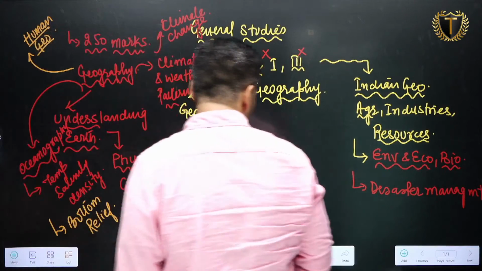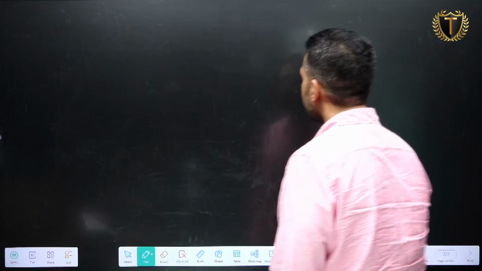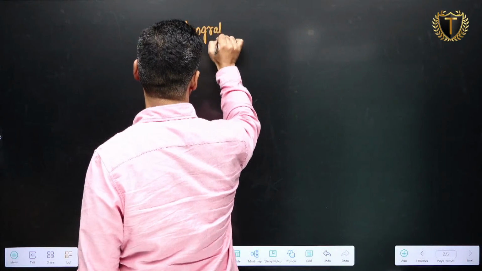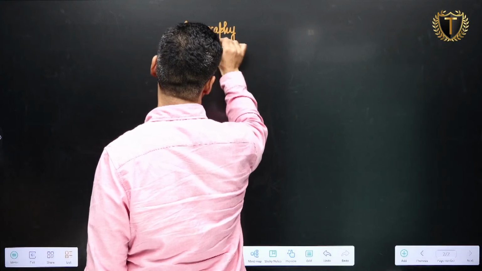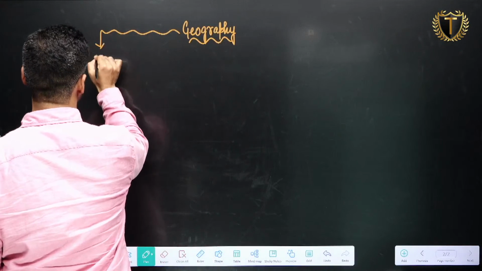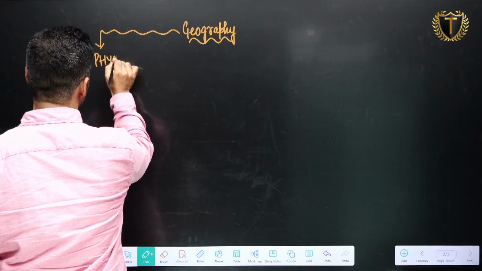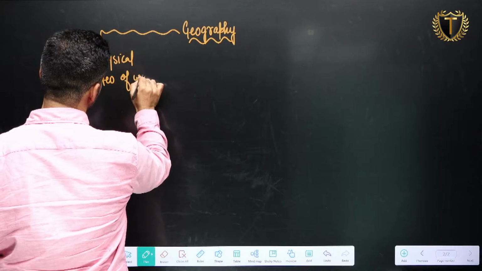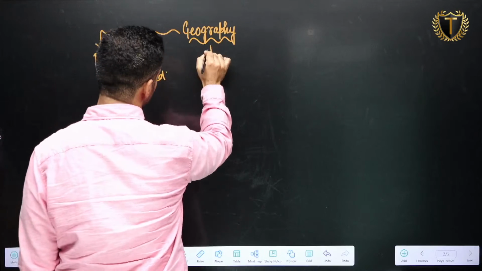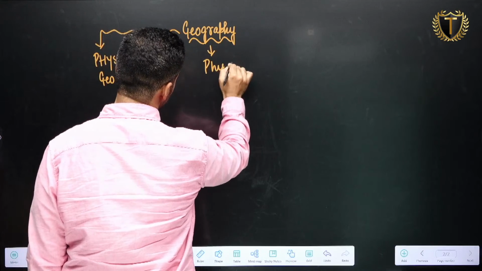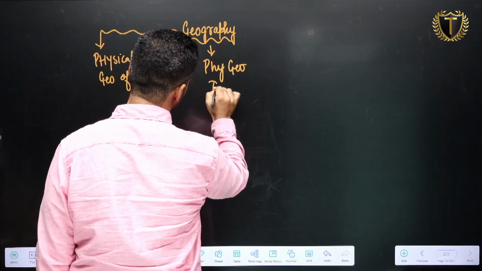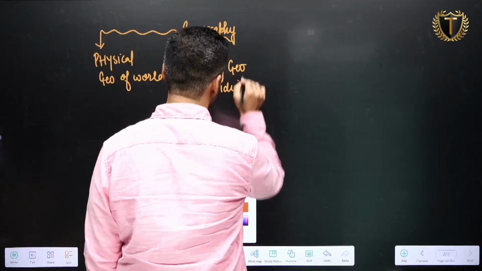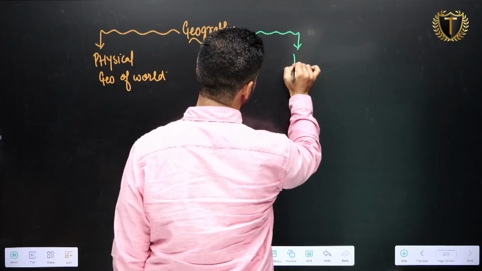Now, if I go ahead in detail, geography, let me divide it. Physical geography of world, physical geography of India, and then we have one more component here which we say human geography.